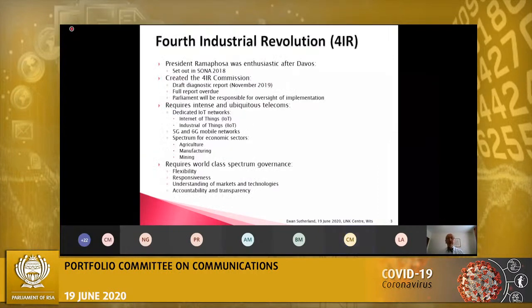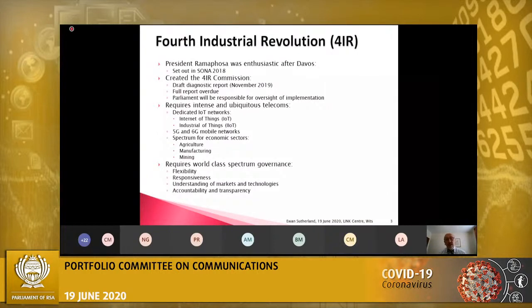So, Fourth Industrial Revolution, President Ramaphosa was really quite enthusiastic about this in the State of the Nation address, so much so he created the Fourth Industrial Revolution Commission, which produced its draft diagnostic report in November, which I don't think has been published, and we're awaiting the full report now for some weeks overdue, though there were some bits of it released by Professor Marwala.